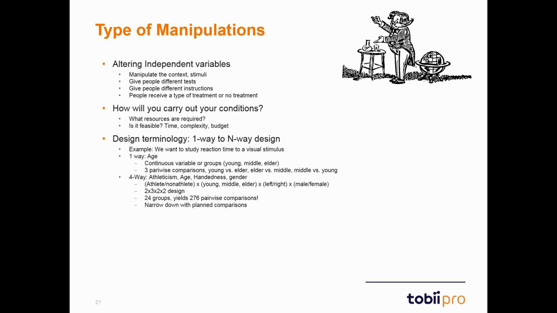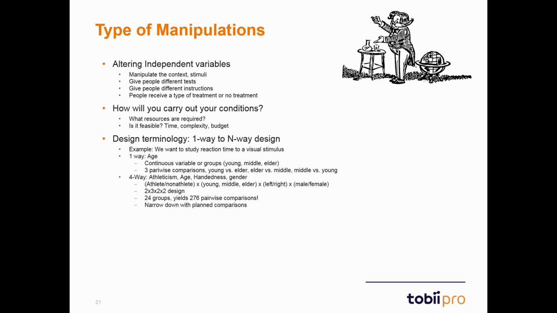Just to give an example, maybe we want to relate reaction time to a visual stimulus, and in particular we're interested in age. Age is sort of an independent variable, where we're not actually making people older or younger, literally, but we can separate groups out and then analyze our data after the fact. So we might have a young, middle, or older group.